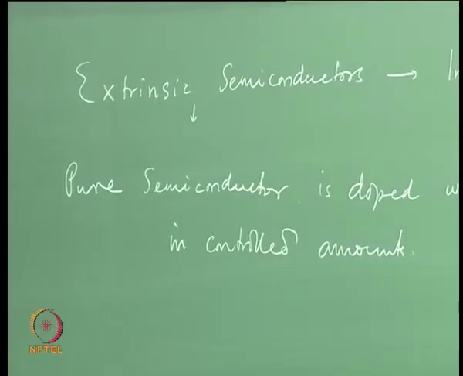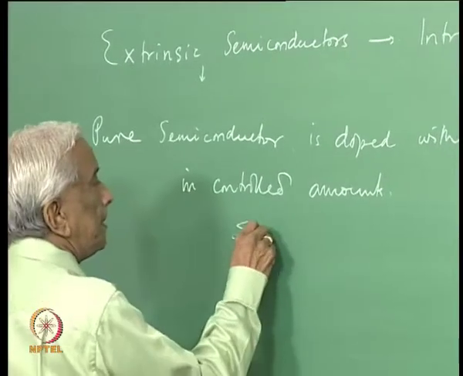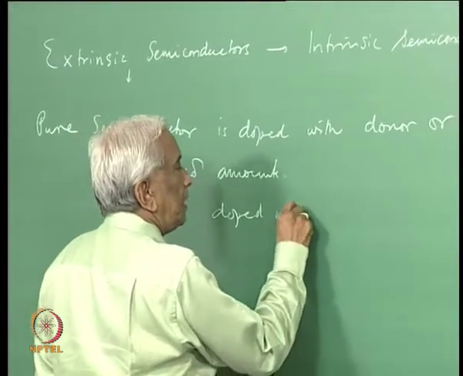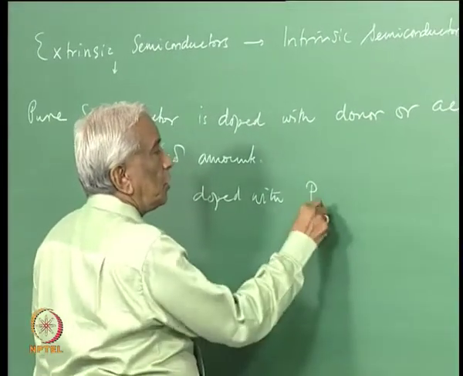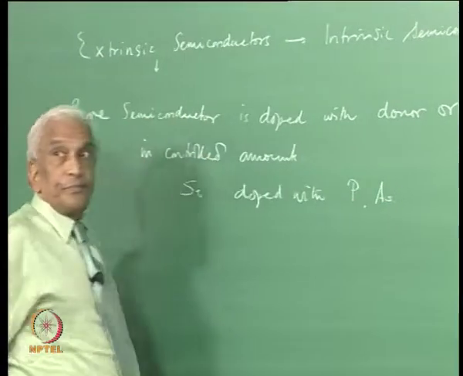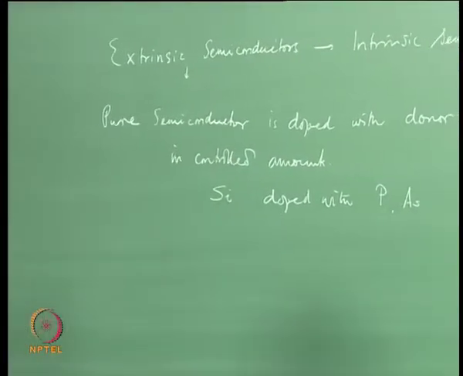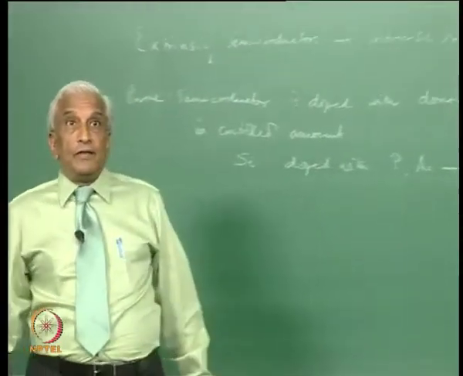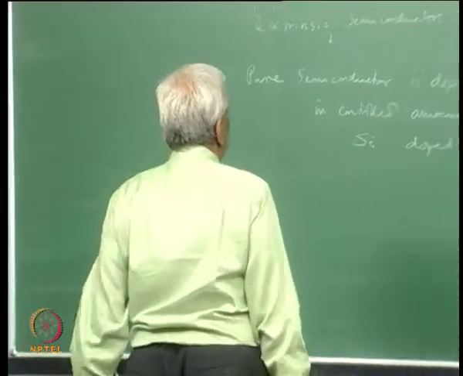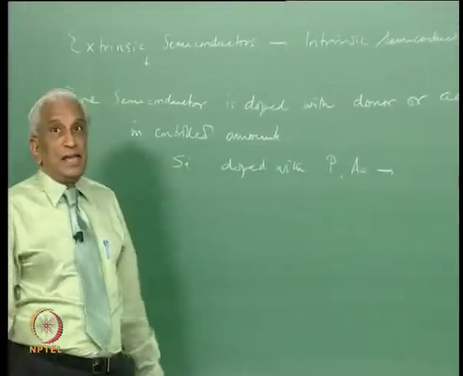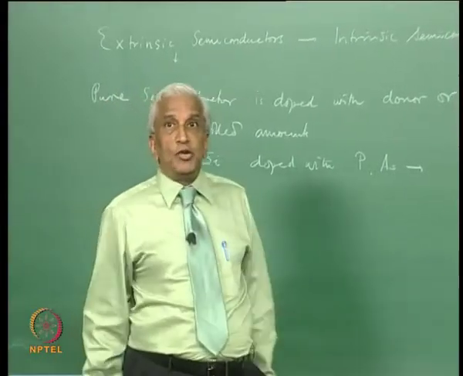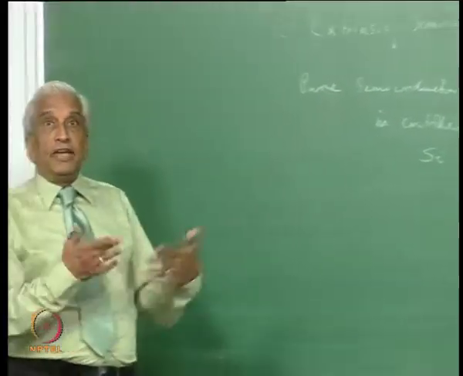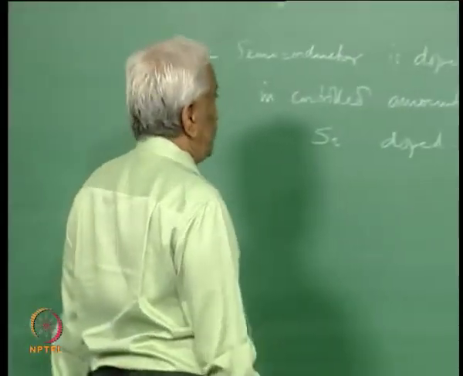For example, a sample of silicon is doped with an impurity like phosphorus, arsenic, etc., to give a donor impurity which modifies the behavior of the semiconductor completely and which gives the possibility to control this behavior and use it in various kinds of physical situations.